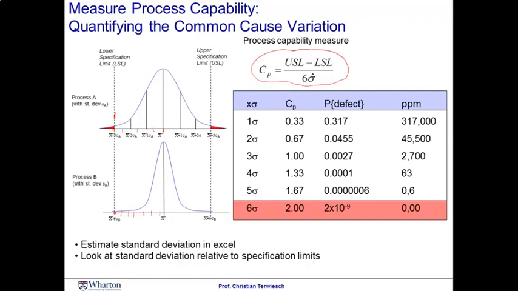Now clearly defects are less likely in the lower case. There's simply less probability mass at the tails here. So this suggests that we can translate the capability scores of a distribution into the probability of defects. Let me illustrate this calculation by going back into our spreadsheet.